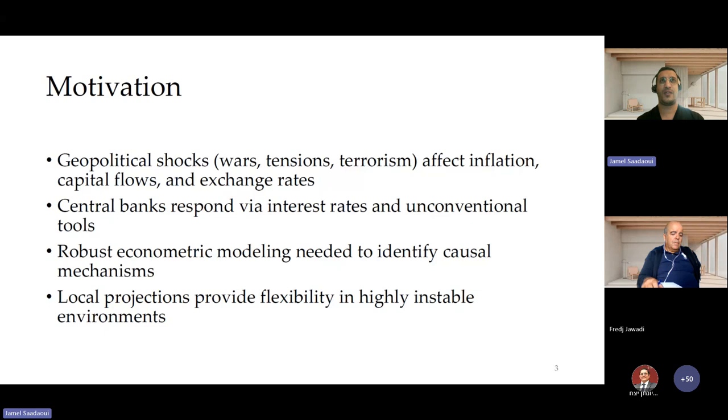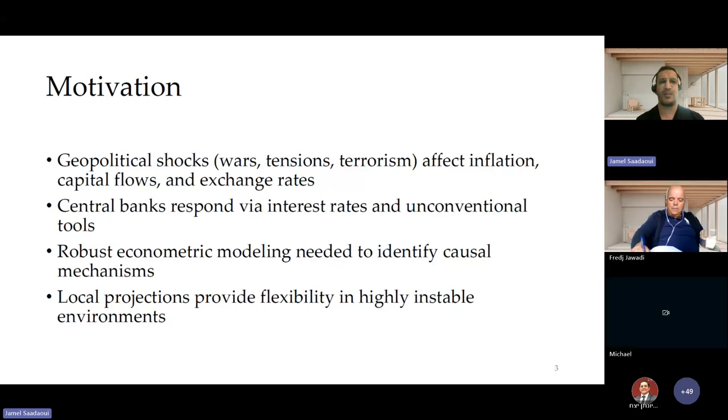Misspecification can have various sources: you don't have the right number of lags, you have omitted variables, you have non-stationarity, and so on. So for applied economists like me, who are interested in estimating this dynamic causal relationship, local projection seems to be flexible, especially in highly unstable environments, where non-linearity and state-dependent effects are the rule and linearity is the exception.